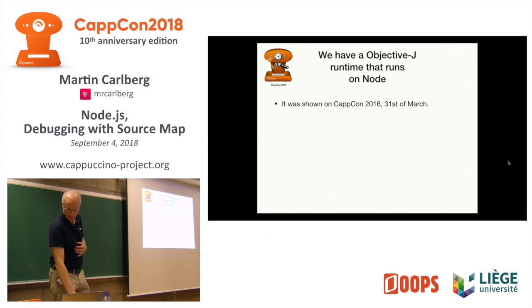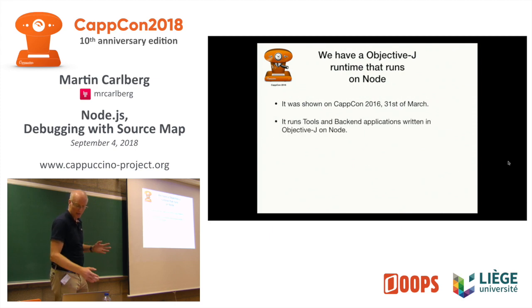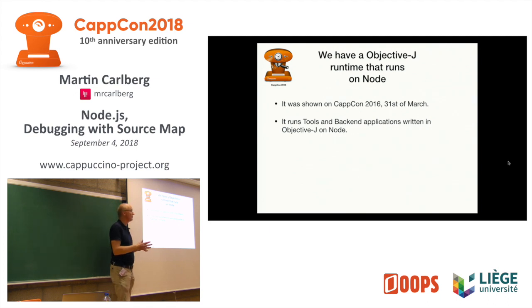What it does is run a couple of tools, and you can make your own backend application in Objective-J and run it on Node. It worked 2 years ago, it works today. It's really neat.